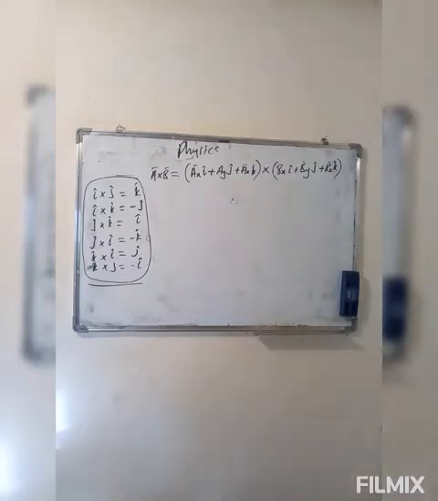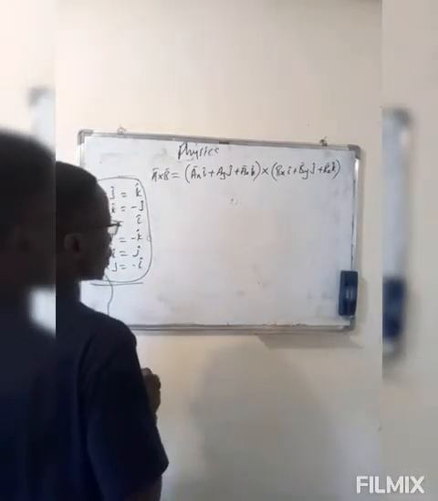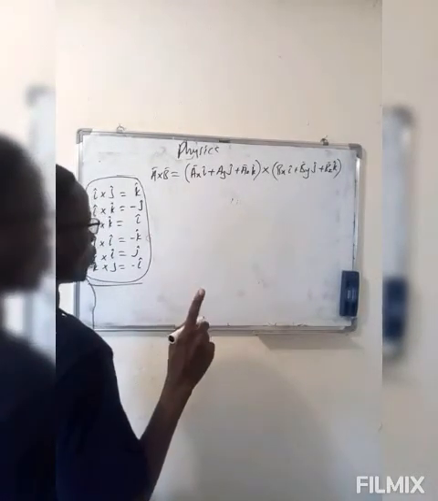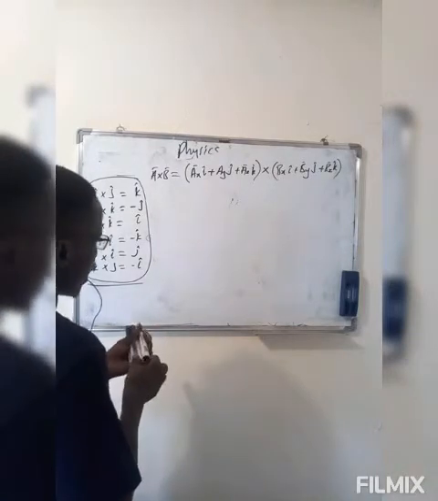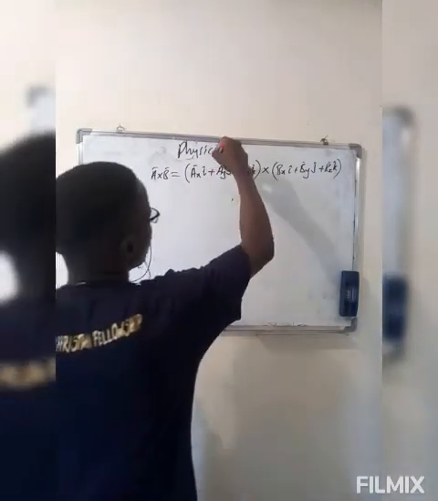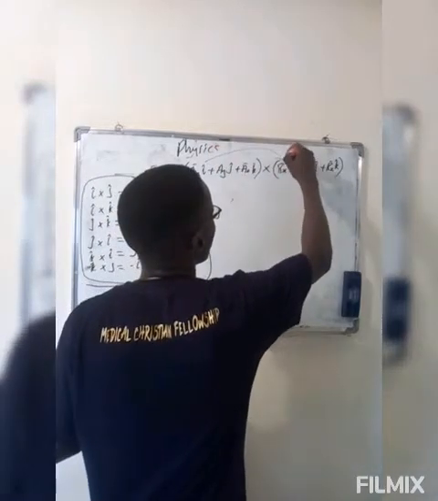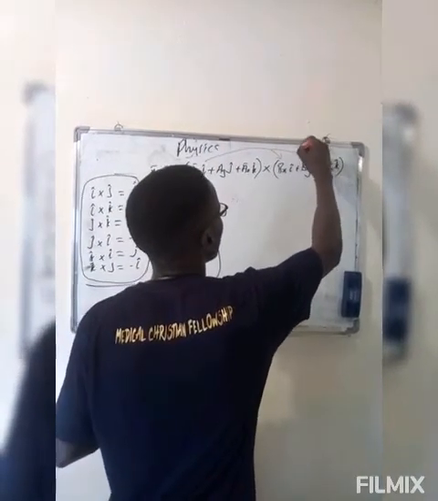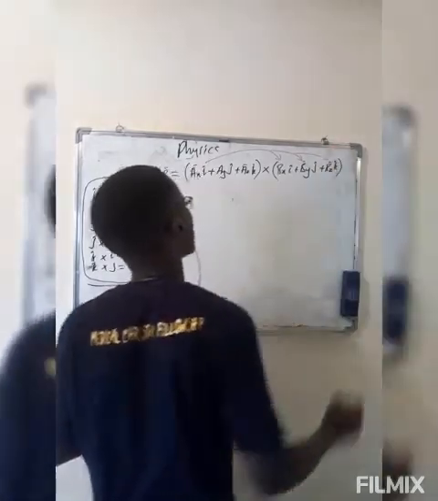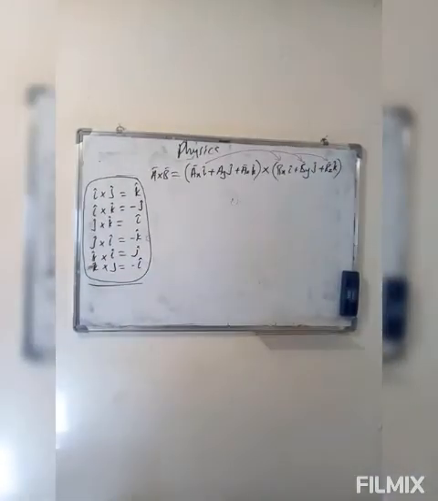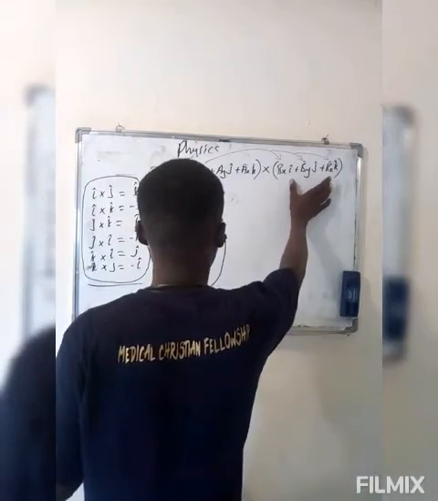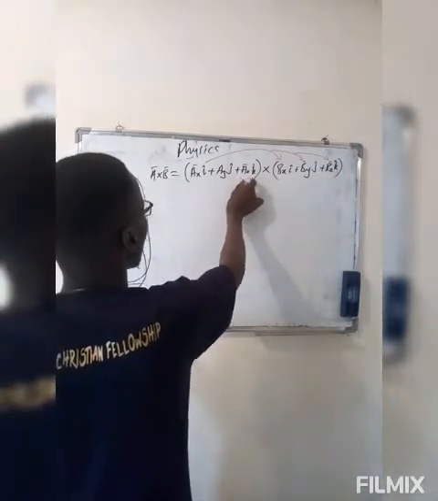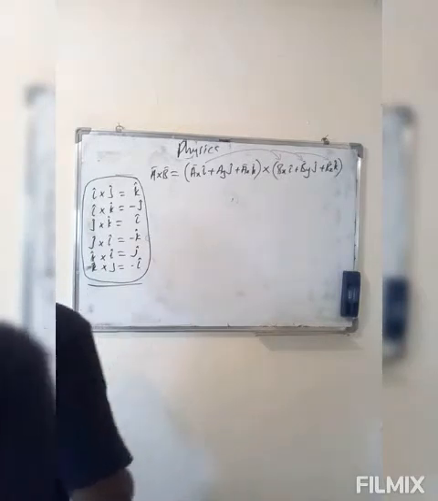What next? Remember, we're talking about the algebra method where we just need to expand. We start with AX i and multiply it with each of these terms in B. Then we come to AY and multiply it with each of these, then AZ, and then we'll be done.